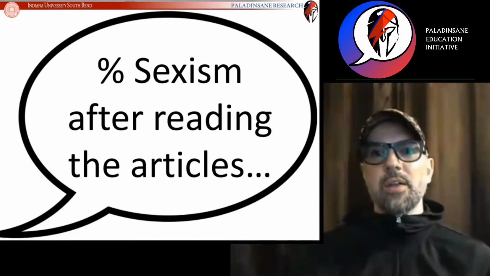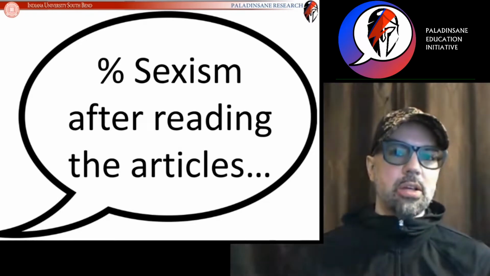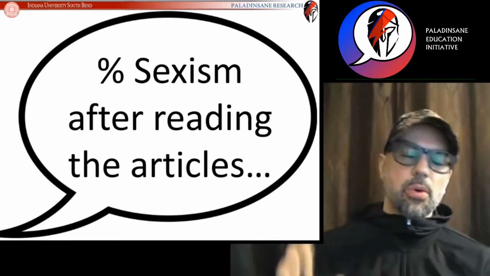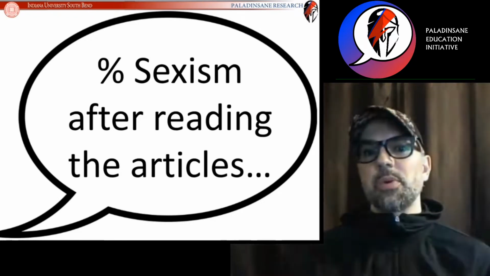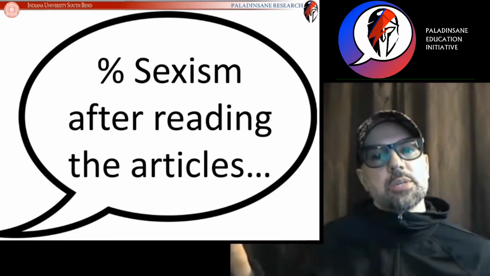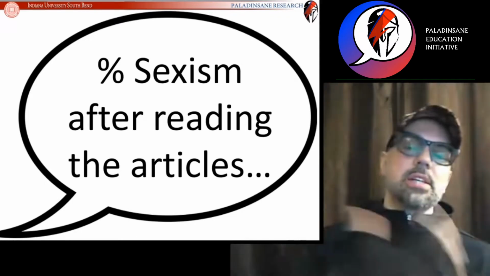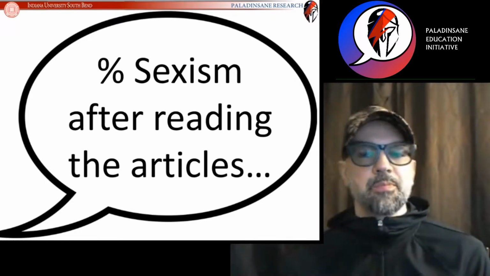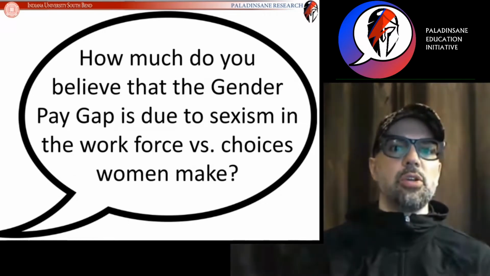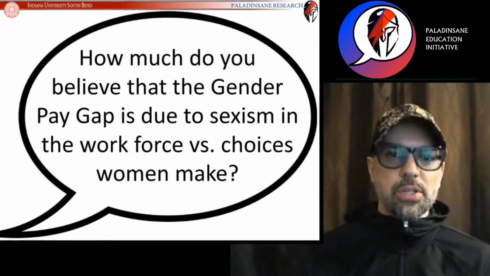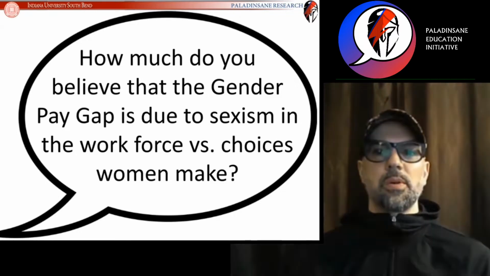And notice that one of those articles, the choice article, should shift a judgment towards less sexism. And the other one, the sexism article, should shift your judgment towards more sexism, because that's the evidence they were presenting. So again, that was the question they were asked: how much do you believe that the gender pay gap is due to sexism in the workforce versus the choices that women make?